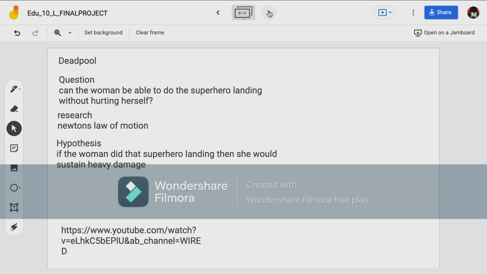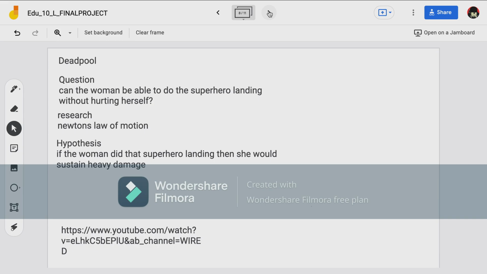So my next scene I'm going to present is from Deadpool. In the scene, there was a superwoman up on a high place, and after she saw Deadpool and his friends below, she jumped down from her high place to Deadpool and did a superhero landing.